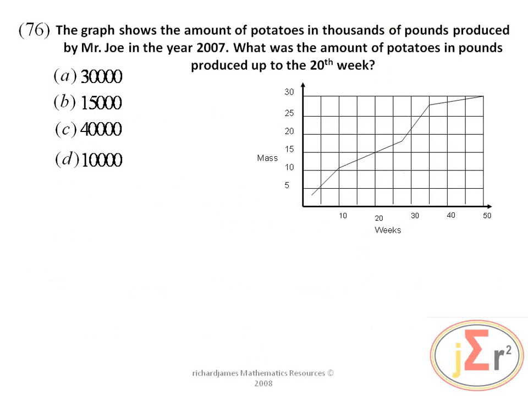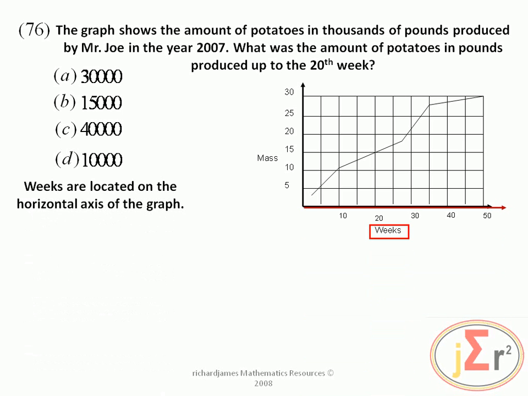The graph shows the amount of potatoes in thousands of pounds produced by Mr. Joe in the year 2007. What was the amount of potatoes in pounds produced up to the 20th week? Weeks are located on the horizontal axis of the graph. Find the week, which is 20.